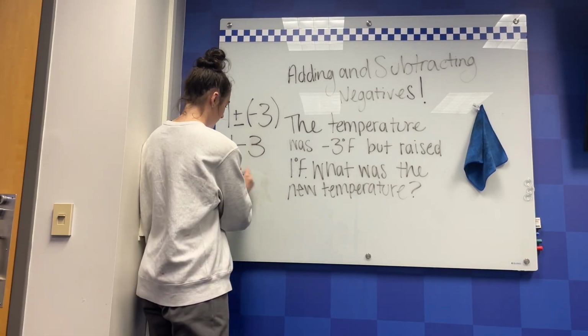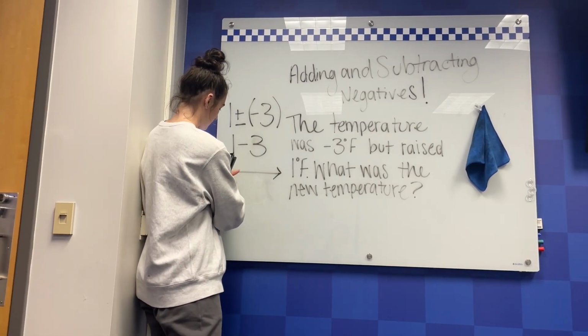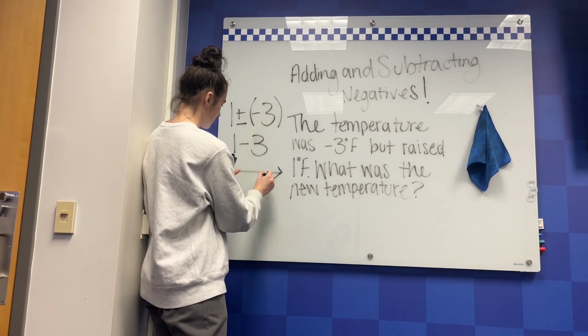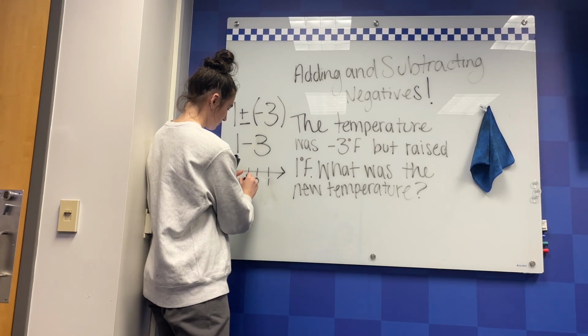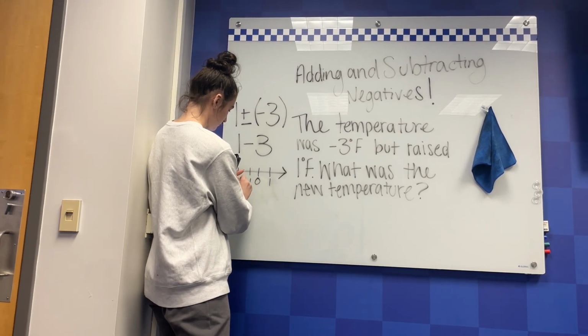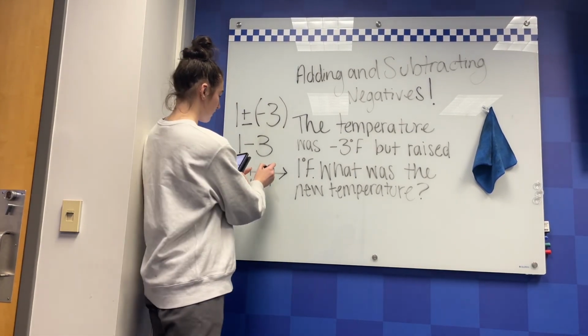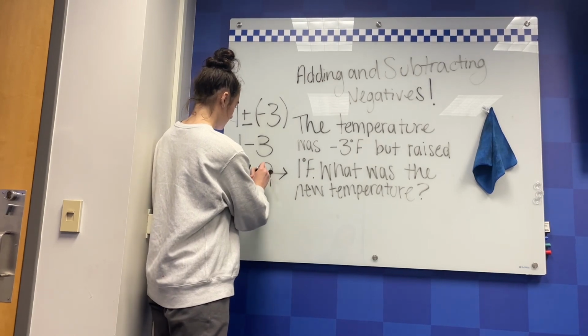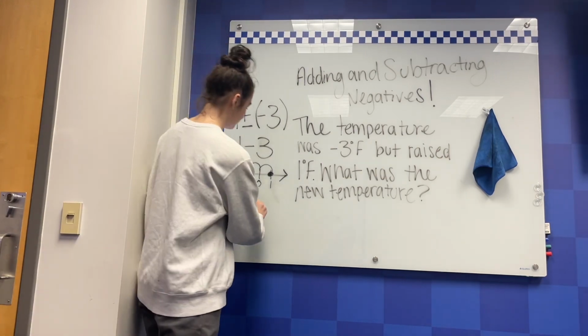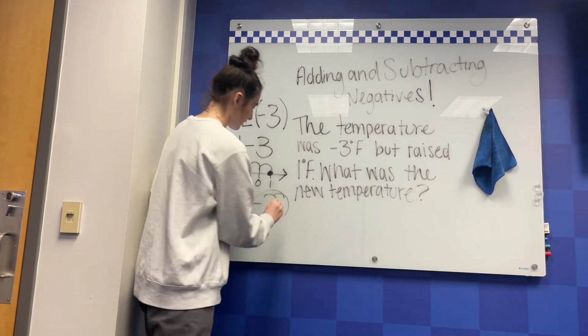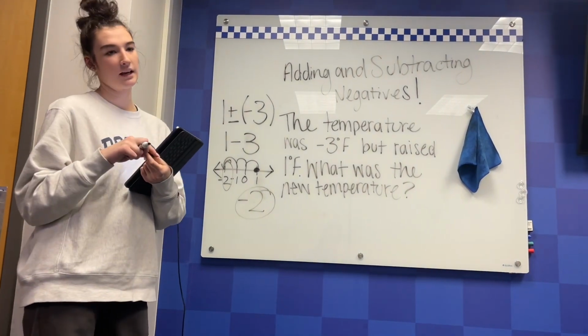So if we draw out our number line, if we start at 1, and then we're taking away 3, we end up at -2. So the new temperature would be -2.